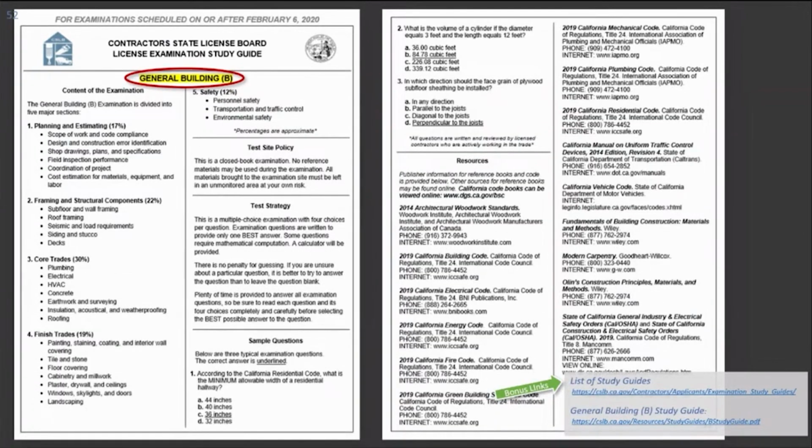You will see the same format on the B General Building Study Guide. We would recommend that you really pay attention to the exam content here, especially how we have broken down the percentage of questions there will be on each of the 5 topics on the exam. On the lower right of both of these 2 slides, you'll see bonus links to the actual study guide, as well as a link to the complete list of study guides.